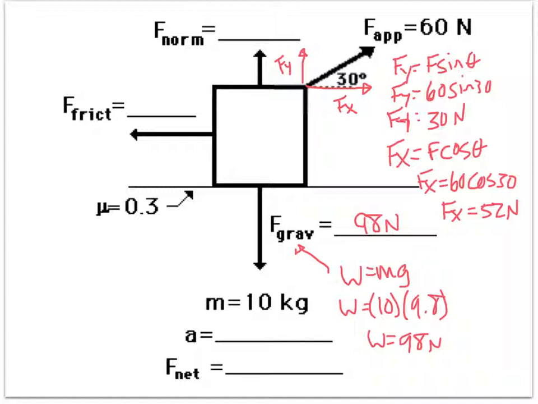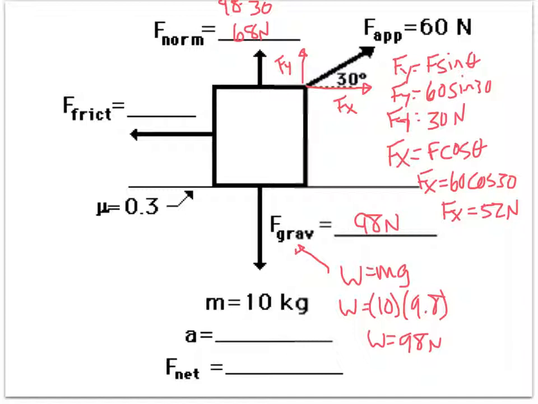Friction is going to the left, so this object is sliding to the right, which means that my weight downward has to be balanced by both the normal force from the surface and the y component of the rope. If the y component of the rope is 30 newtons and my weight downward is 98, then all my table has to support with is 98 minus 30, which gives me 68 newtons. So I have my normal force now: 68 and 30 up balanced with 98 down.